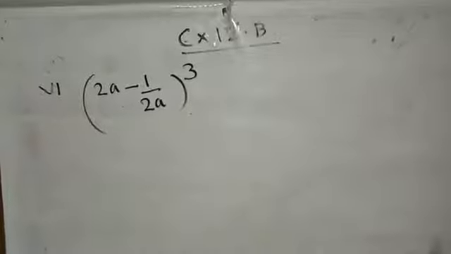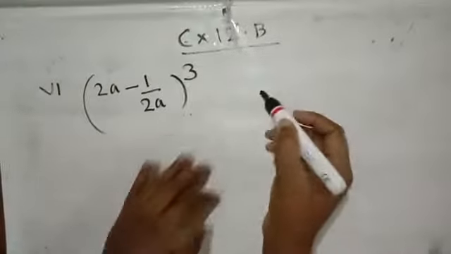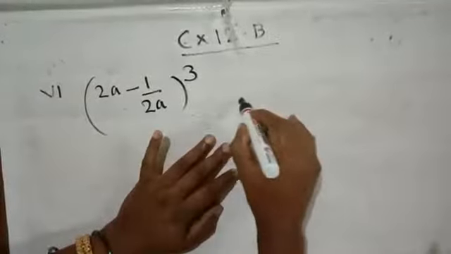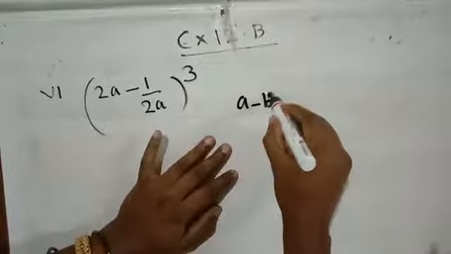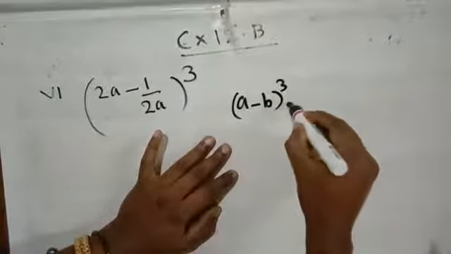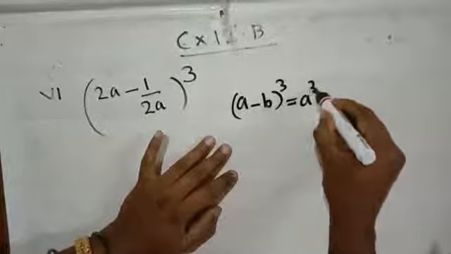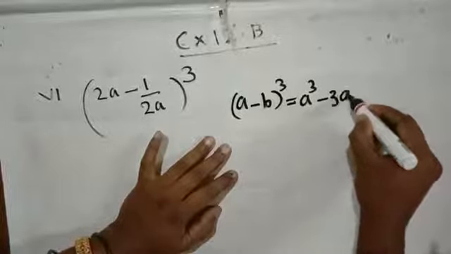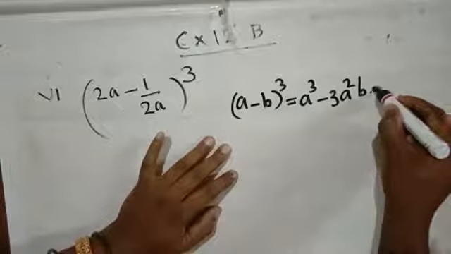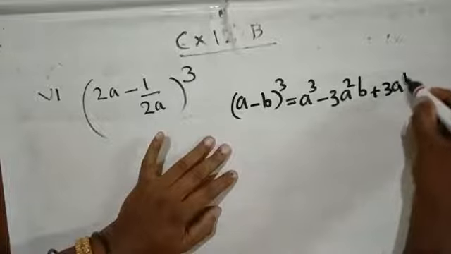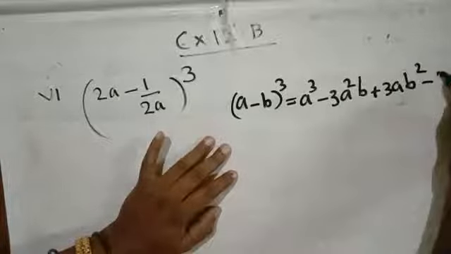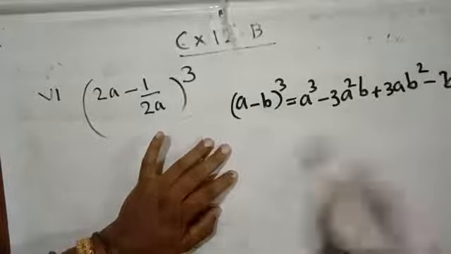Next, sixth question. 2a minus 1 by 2a the whole cube. Okay, just substitute the value in a minus b the whole cube, which is in the form a minus b the whole cube is equal to a cube minus 3a square b plus 3ab square minus b cube.